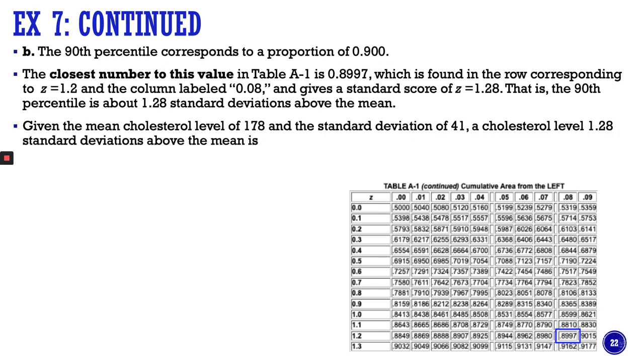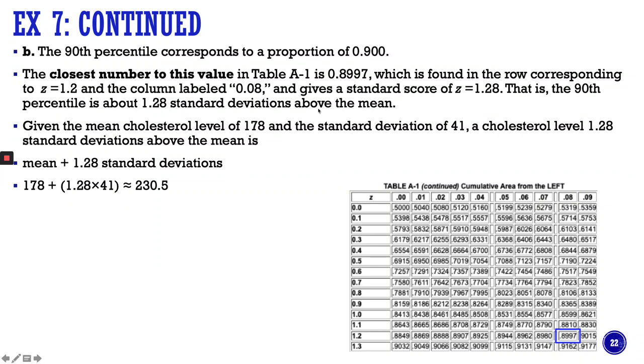Given the mean cholesterol level of 178 and the standard deviation of 41, a cholesterol level 1.28 standard deviations above the mean is the mean plus 1.28 standard deviations times our 41, that's our standard deviation there, which will get us 230.5.